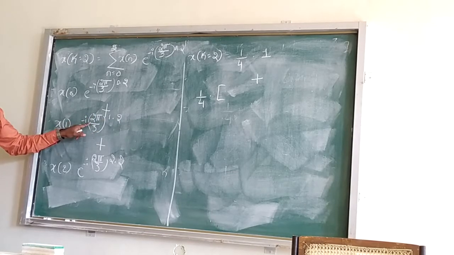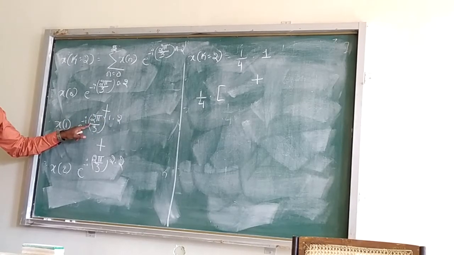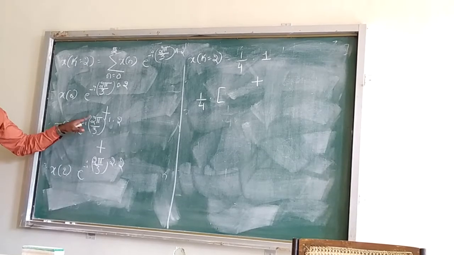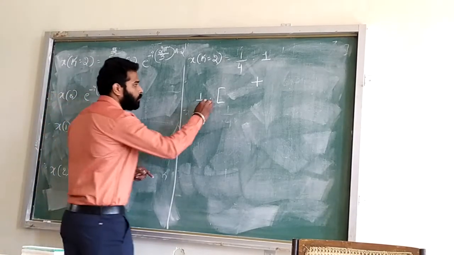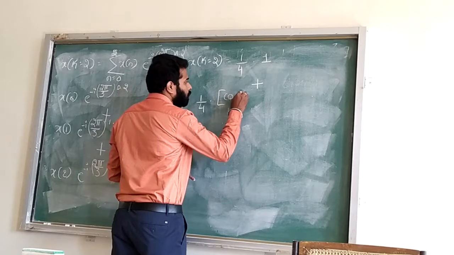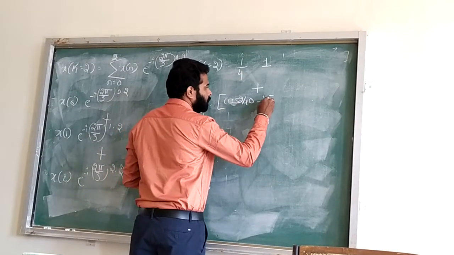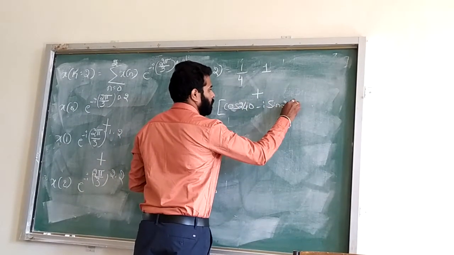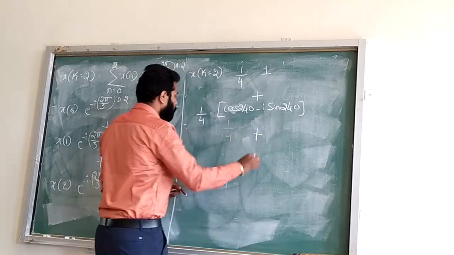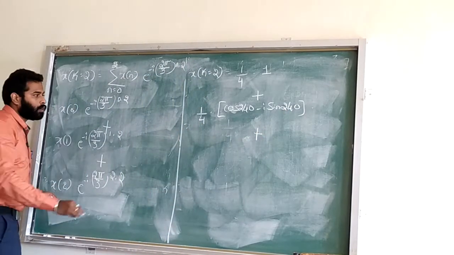Cos 4 pi by 3 minus I sin 4 pi by 3. So 4 pi by 3 is 240. Cos 240 minus I sin 240, plus again x of 2 is also 1 by 4.